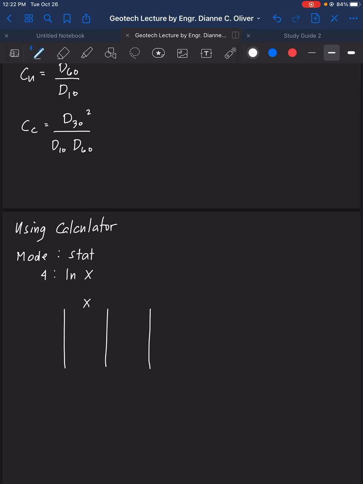We have the x and y columns. Now, under x and y columns, the x here is actually, let's put it as the diameter, and then the y, let's put that as the percent passing. Okay.